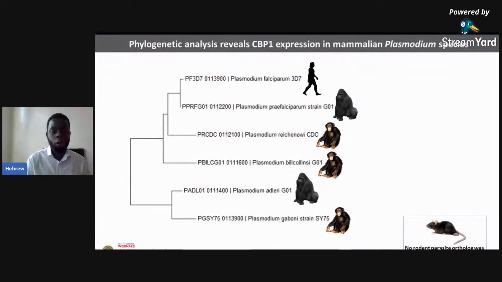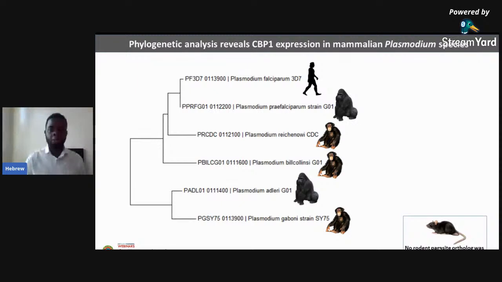So for the first one, in terms of phylogenetic analysis of our orthologs, we generated this phylogenetic tree using MEGA7, which utilizes a maximum likelihood method for phylogeny. So as you can see, for the orthologs, we are only able to get orthologs under species that are under the Laverania subgenus.